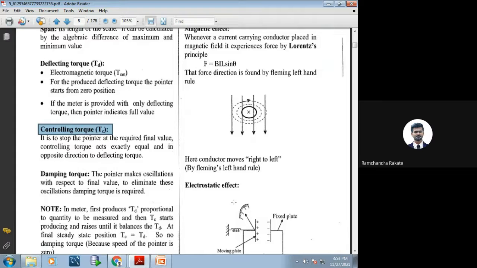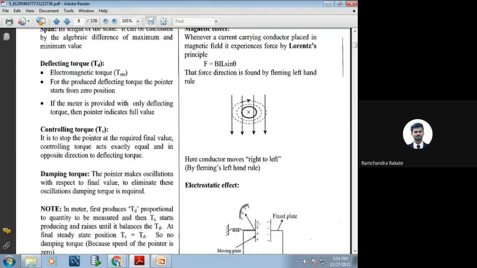This works on the physical science that every action has an equal and opposite reaction. Suppose my deflecting torque is producing a certain deflection of the pointer, I definitely need an equal and opposite torque. That is nothing but your controlling torque.